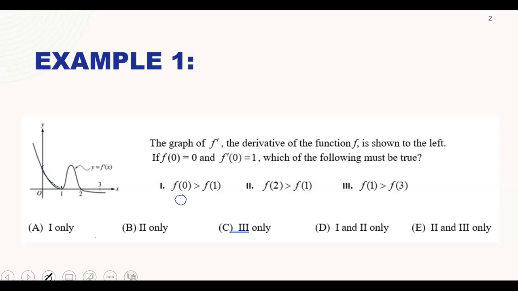Again, it all goes back to that chart. If f prime is positive, my original graph is doing what?